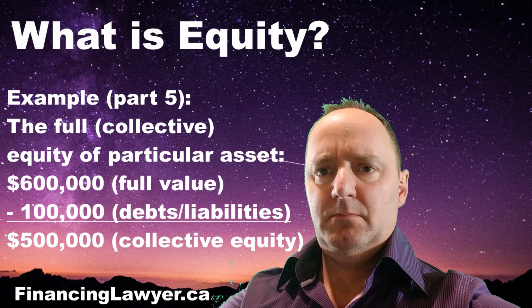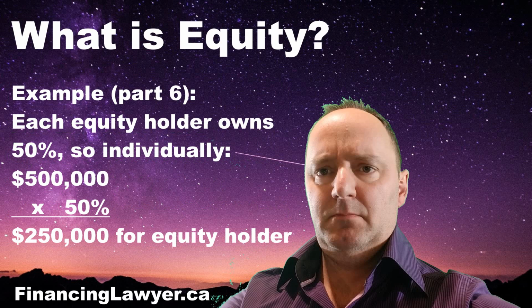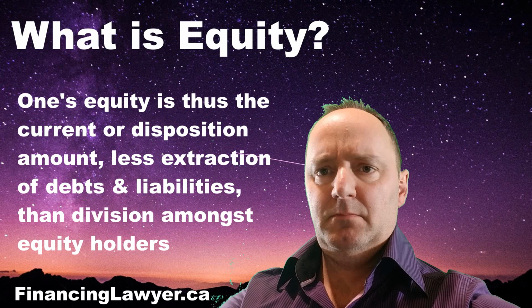So this reduces the collective equity value to $500,000. And given that the particular equity holder holds a 50% interest in that particular piece of property, their equity holding is now valued at $250,000. That is what their equity represents. It is not the initial amount.